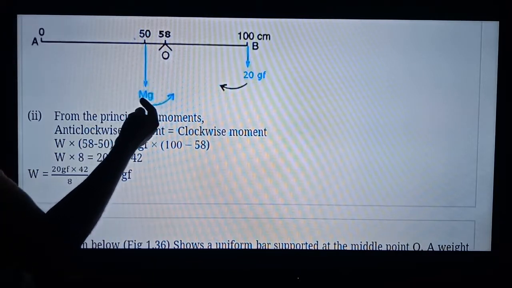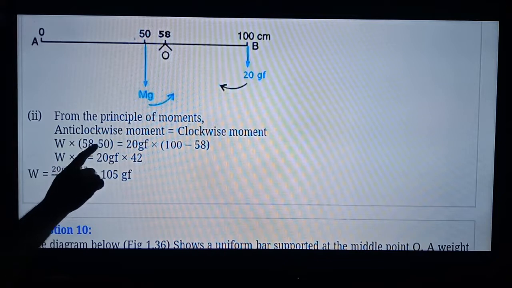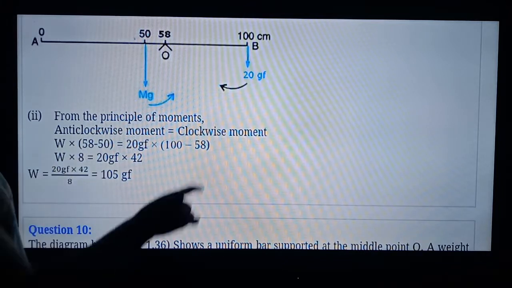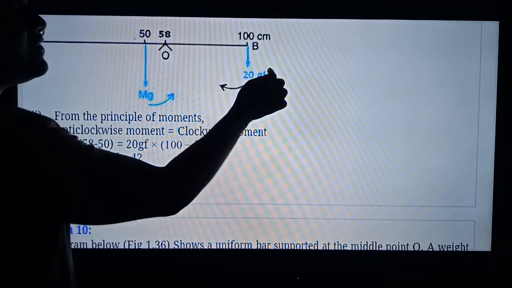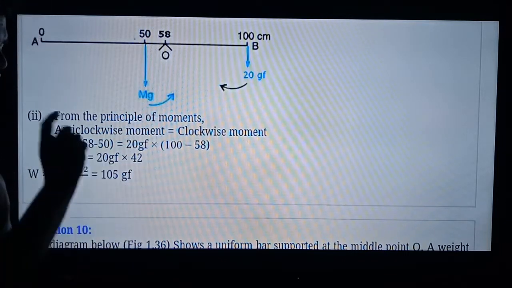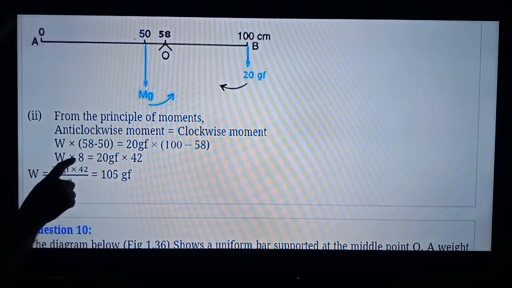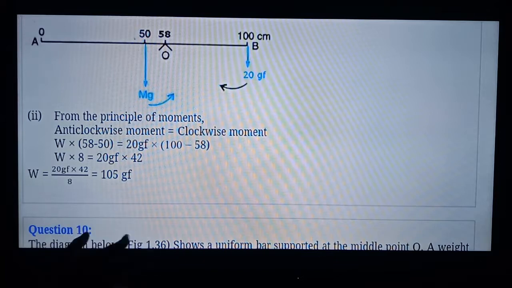The anti-clockwise moment is W into this distance, 58 minus 50, that is 8. The clockwise moment is 20 GF into this distance, 100 minus 58, that is 42. So you have to calculate W. W is equal to 20 into 42 divided by 8. So this will become 105 gram force. Important question.